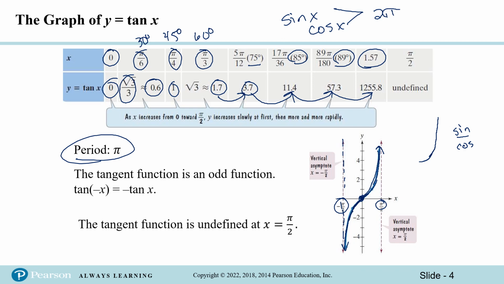So the distance from here to there is pi over 2 units, and from here to there is also pi over 2 units. If we add those, we get 2 pi over 2, which is pi. So what we have right here is a single period drawn for the tangent function.